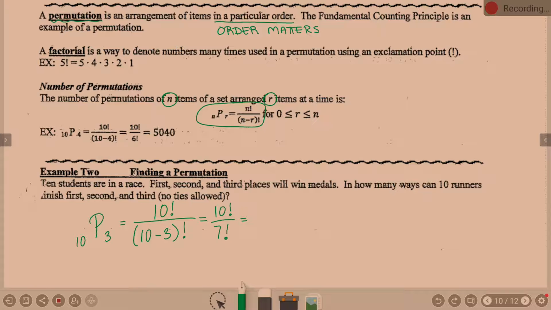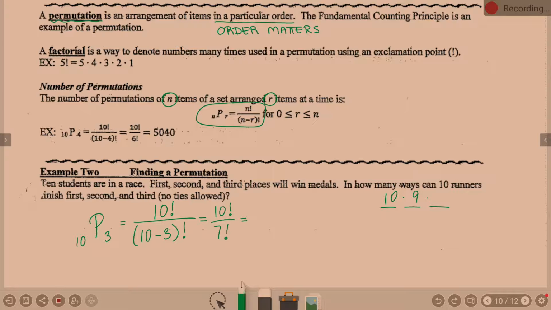Could we do this by hand? Yeah. You could. Because think about it, guys. If we go back to what we were doing with the license plates earlier, we're trying to place how many people? You're trying to place 3 people, yes? How many options for the first spot? 10. Someone wins first. Now how many options for the second spot? 9. Someone wins second.